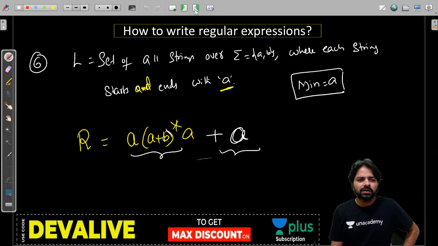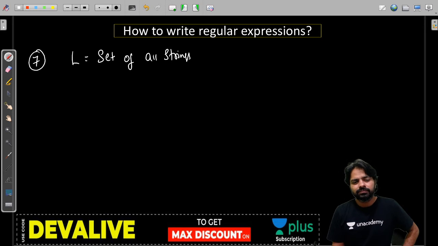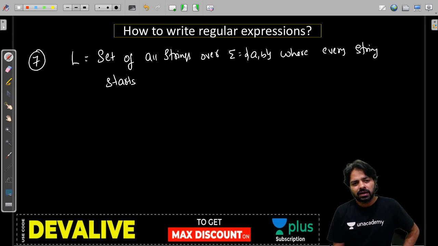How many are over? 6. Okay. Suppose I want set of all strings over sigma, same sigma, where every string starts and ends with different symbols.